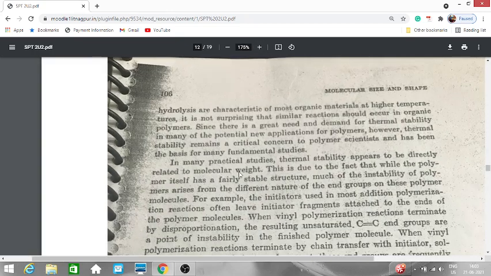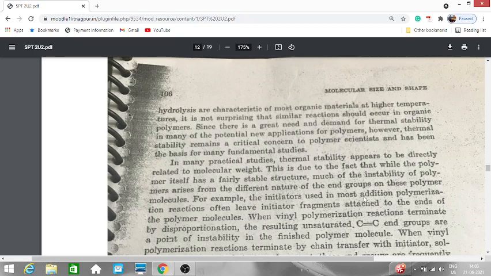In many practical studies, thermal stability appears to be directly related to molecular weight. This is due to the fact that while the polymer itself has a fairly stable structure, much of the instability of polymers arises from the different nature of end groups on the polymer molecule.